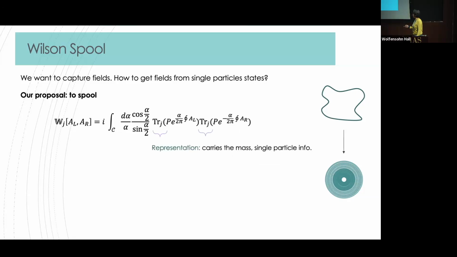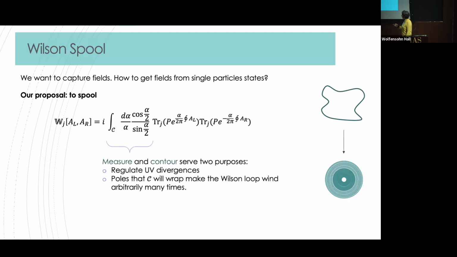Then, of course, the traces on some given representation will tell you what is the species of the field, okay? So what is the mass of the field? That's where the information M comes in. Now, the thing that looks kind of weird is this part here, the integral over alpha of cosine over sine. That looks strange, okay?